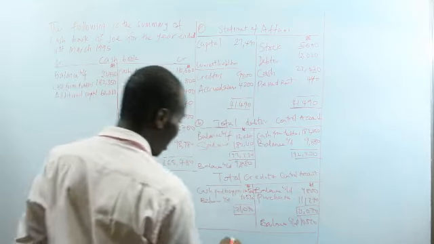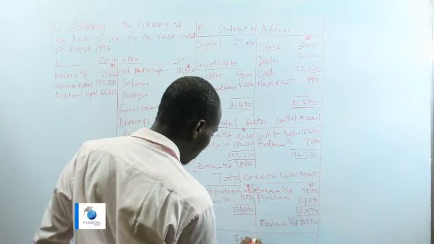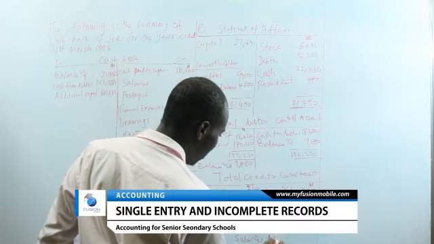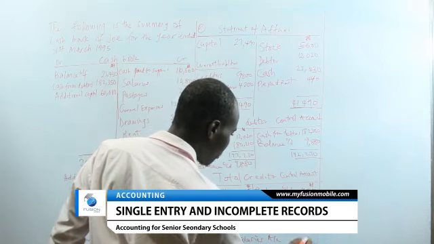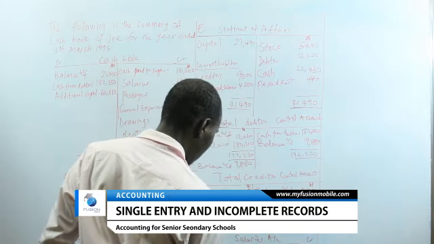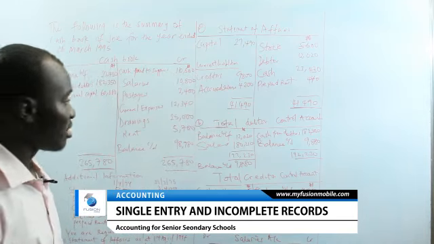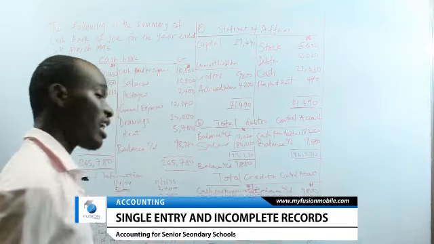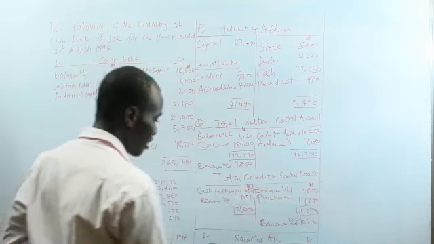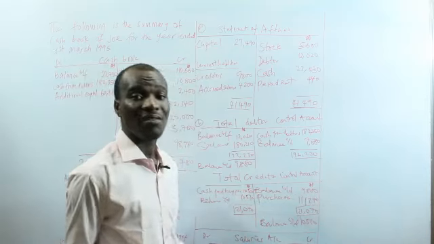So let's prepare the salaries account. Accrued salaries is a liability. Accrued means owing, salary that is owing. So that is a liability, and all liabilities must have a credit balance.